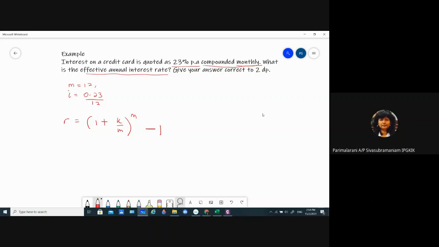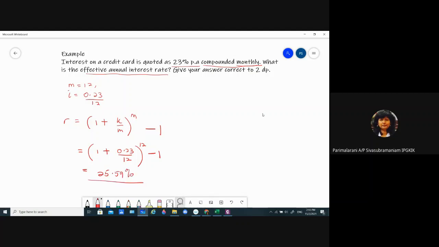So now we want to change this into our effective interest rate. So this is 1 plus 0.23 over 12, to the power of 12, minus 1. If we calculate this, we will get 25.59%.